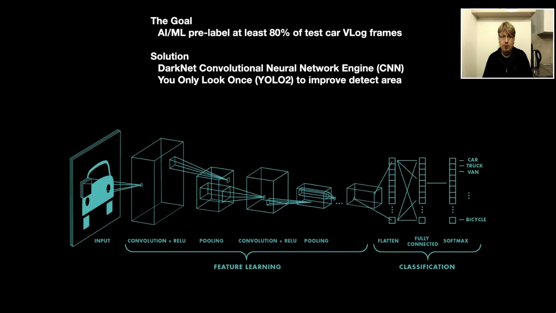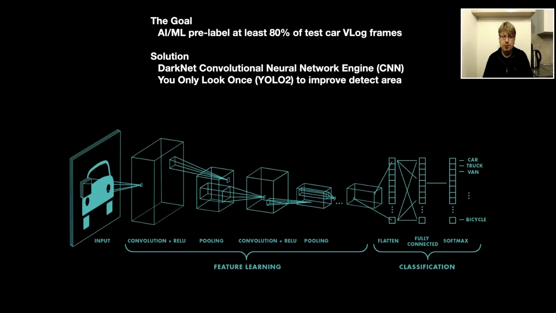The goal of this work is to prepare an artificial intelligence machine learning system to pre-label at least 80% of test car video log frames. So you can imagine you have a test drive that collects data on the video streams, and you want to classify what's on the frames.